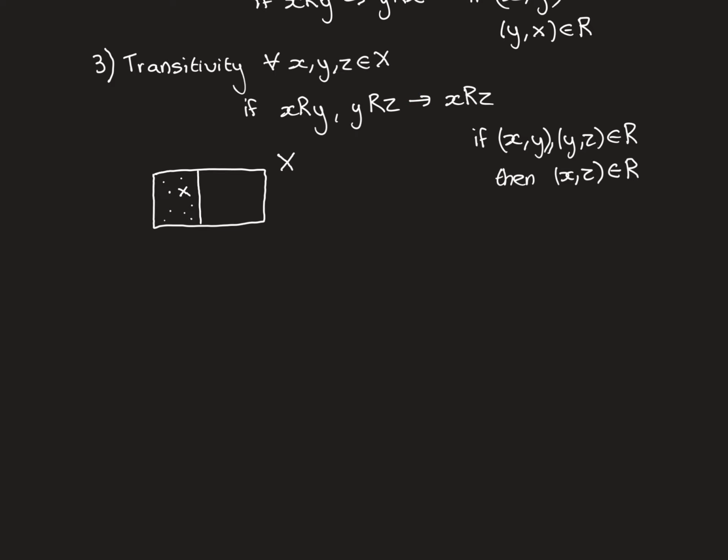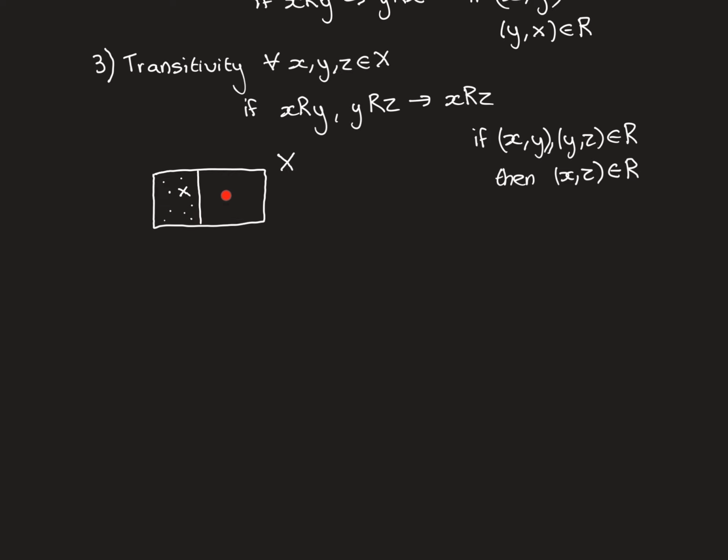So because little x is related to y, by symmetry we know now that little y is related to x. And we know that all these other elements are related to little x. So by transitivity, because y is related to x and x is related to all of these other ones, then y is going to be related to all of these other ones as well. So you'll get the exact same set.